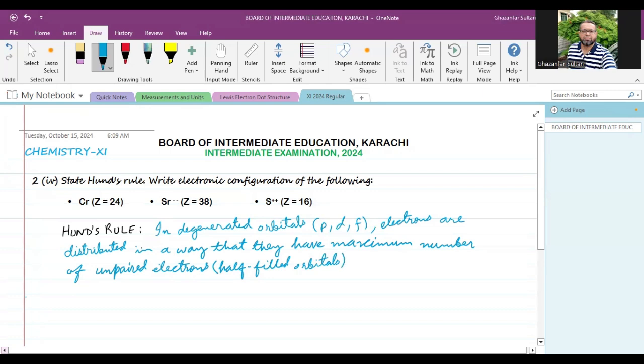If there would be maximum number of unpaired electrons, it means the same thing. These orbitals would be half-filled.